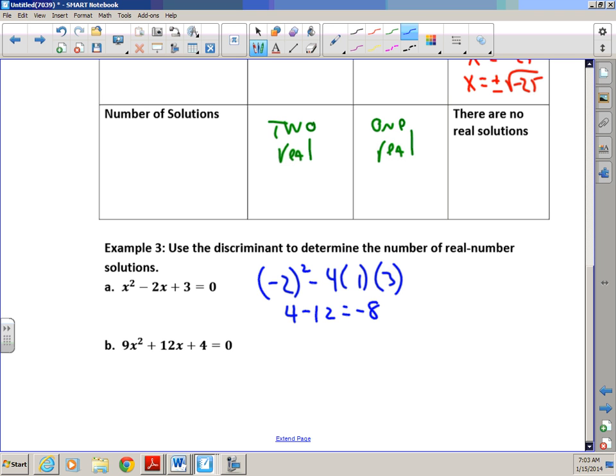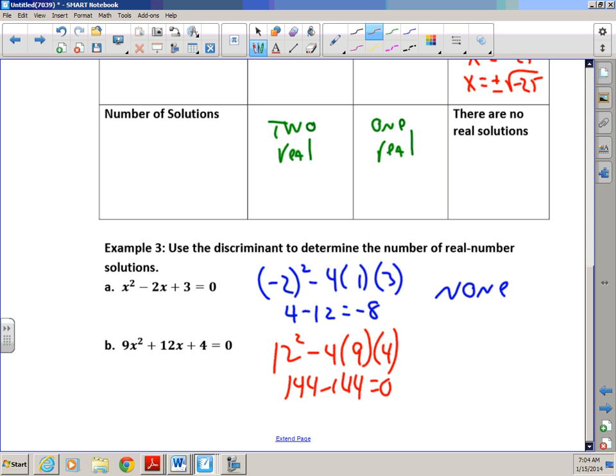That means under my radical sign is a negative 8. I have no solutions. Second one, I have 12 squared minus 4 times 9 times 4, which means I have 144 minus 144, which is 0, and that means I have one solution.